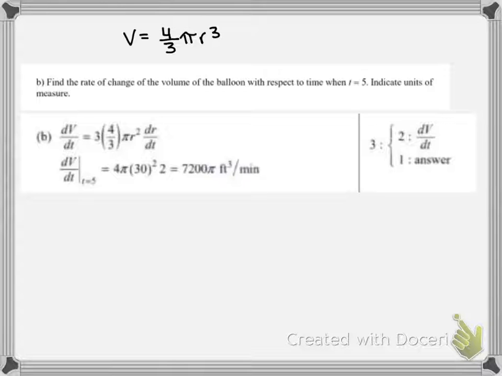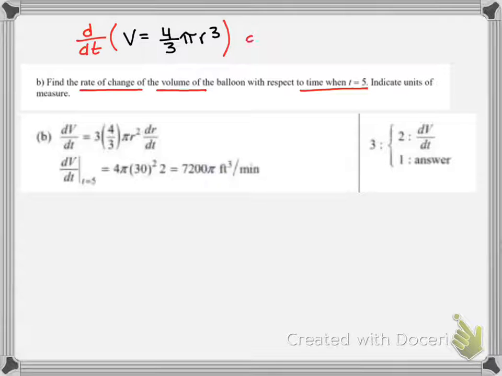So for part B, you're asked for the rate of change of the volume of the balloon with respect to time. So that means we are going to take the derivative of this entire equation with respect to time.